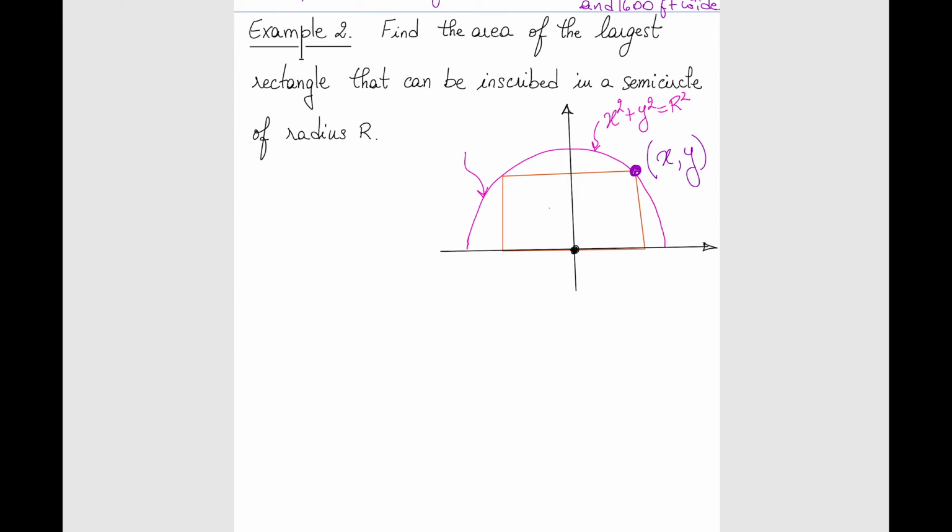If you solve for y, you get y equals plus or minus the square root of r squared minus x squared. Am I correct? But certainly y is a positive thing, so you throw away the minus sign. Makes sense? So I'm going to erase the second part because it's implied by the other one.